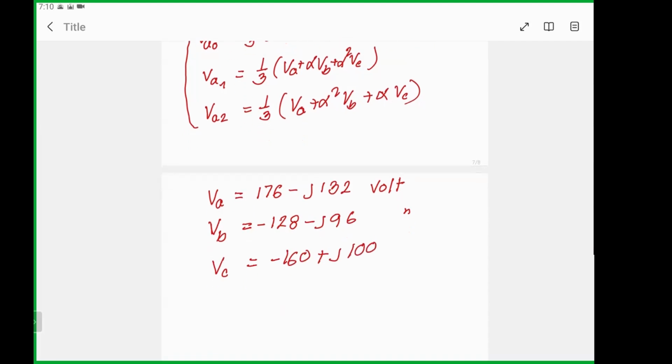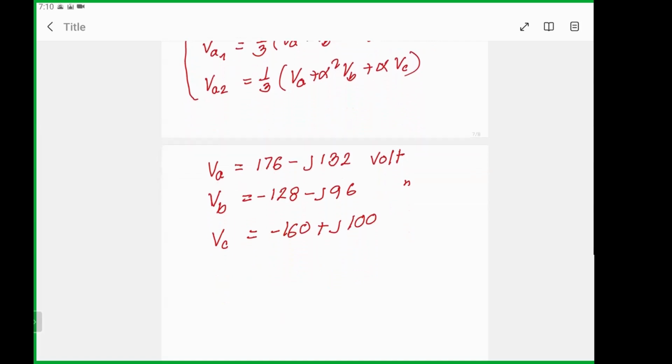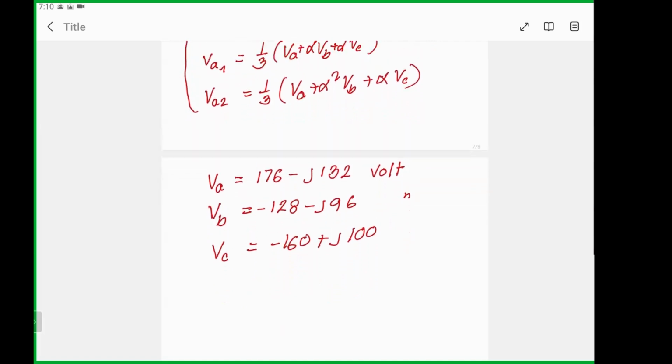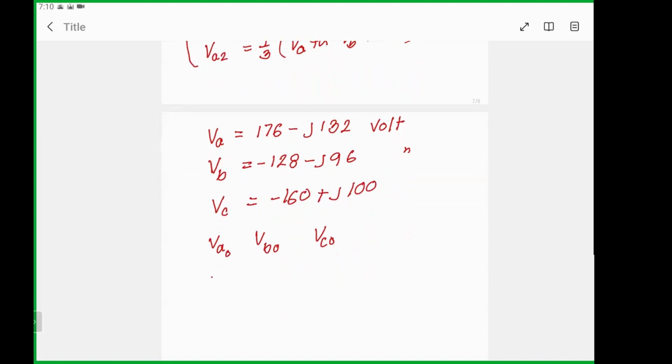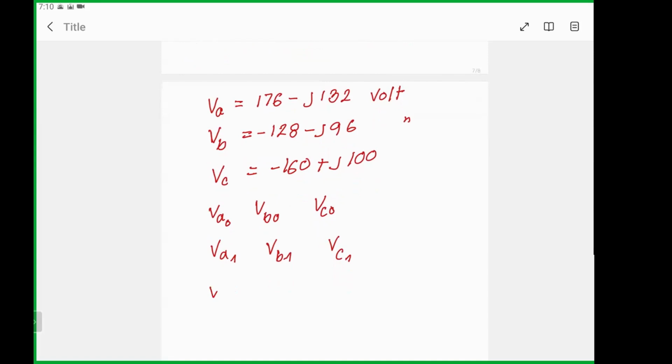So now I need to convert this into symmetrical components. That means I need to find VA0, VB0, and VC0, and VA1, VB1, and VC1, and VA2, VB2, and VC2.